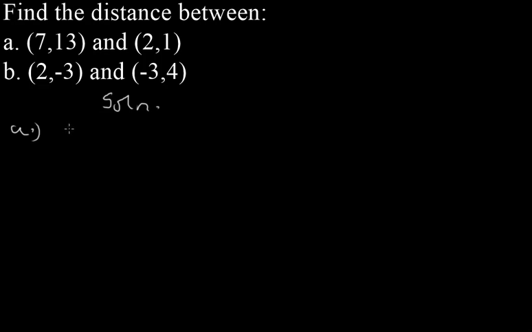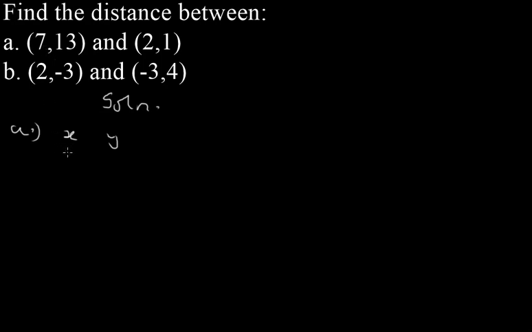We've got (7,13) and (2,1). So I'm going to teach you a simple and easy way that can help you get more accurate answers as you tackle such questions. The first thing that you do, just as we were doing in the midpoint analysis, is you first start with writing x and y. Then we collect the coordinates that we've been given.